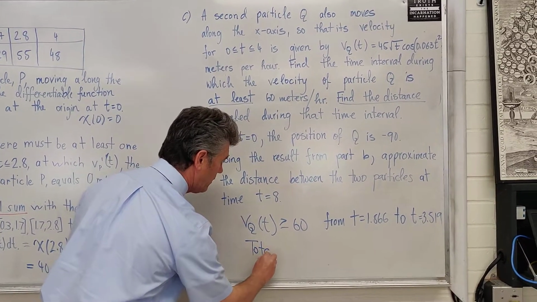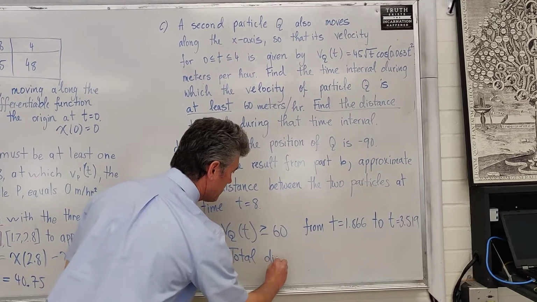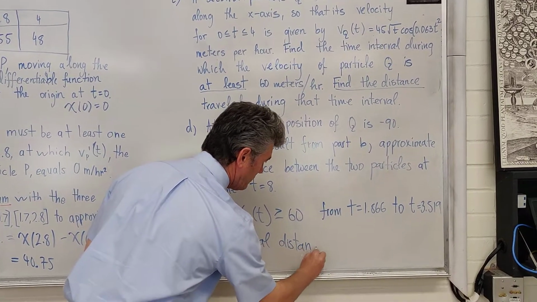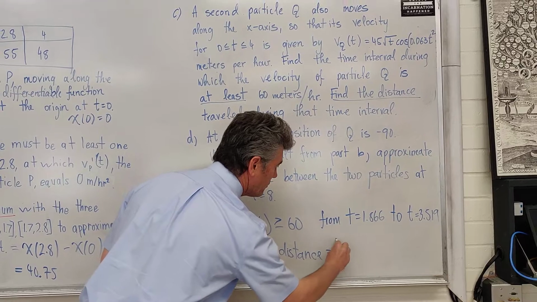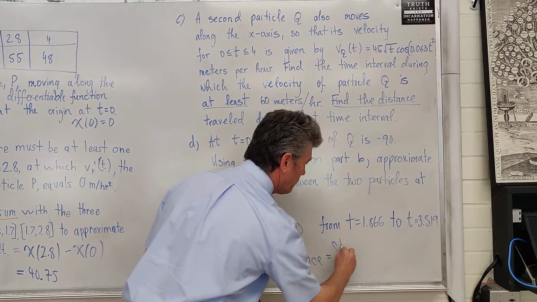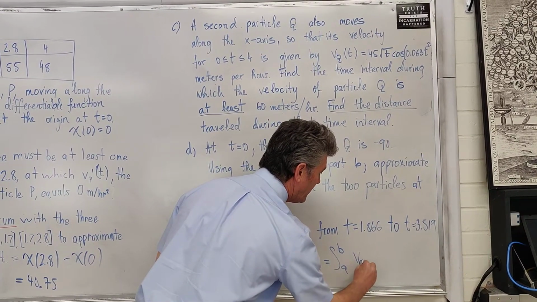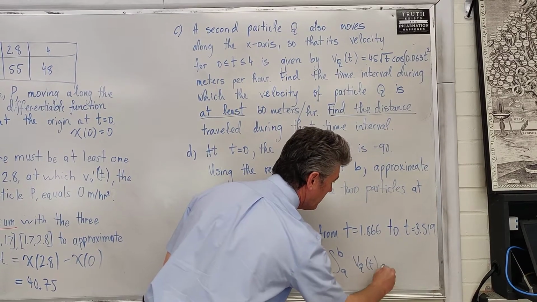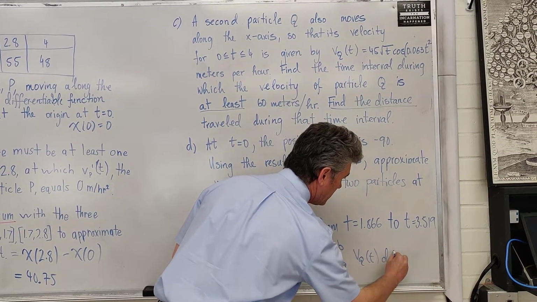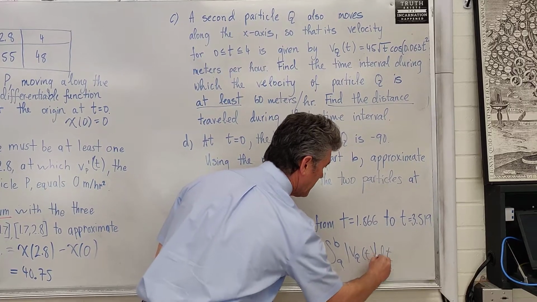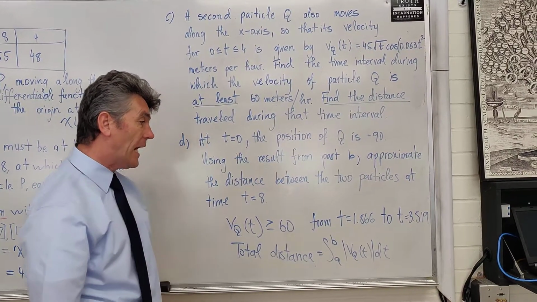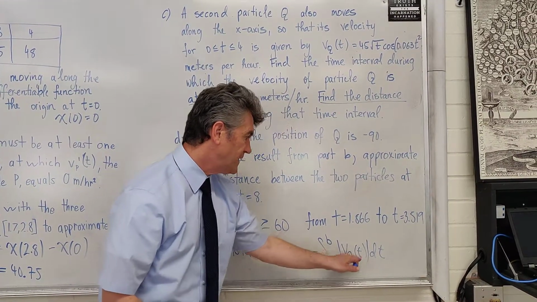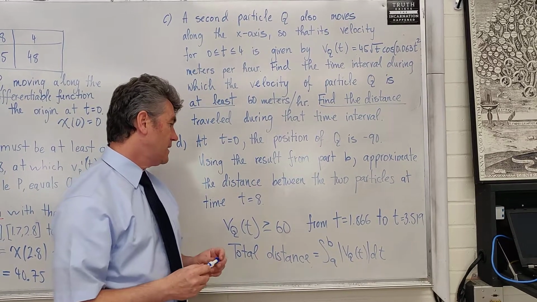Total distance is equal to the integral from A to B of the absolute value of V sub Q of T dt.